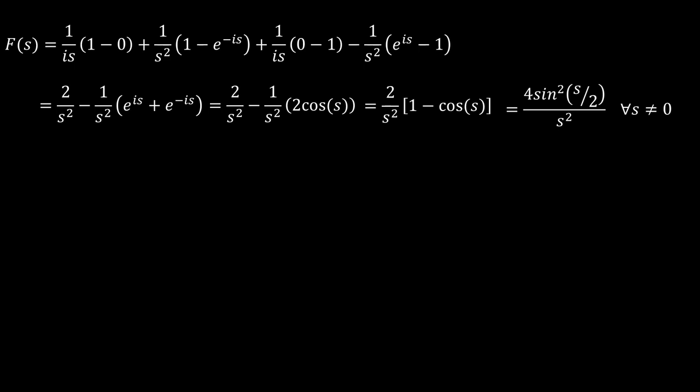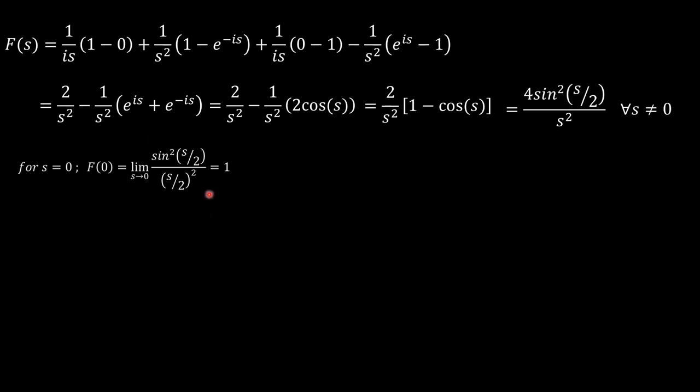But however, this is true for all those s not equal to 0. But if I want to check what is the Fourier transform in the closed neighborhood of s is equal to 0 or at s is equal to 0, then the Fourier transform at s is equal to 0 is equal to limit s tending to 0 of the Fourier transform of the function.